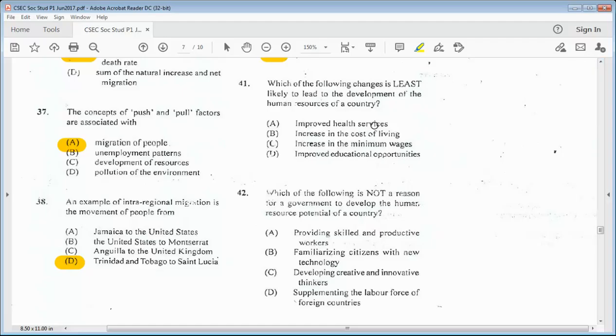So improved health services, all the others, all three, are possible answers, but the one that is least likely is the increase in the cost of living. That will least likely lead to the development of human resources in a country. So B, increase in the cost of living. Let's move on to 42.